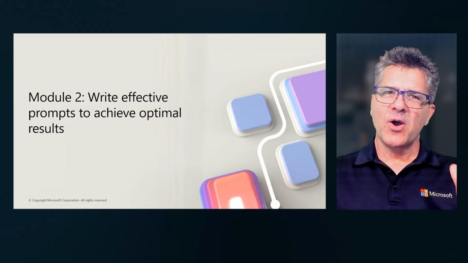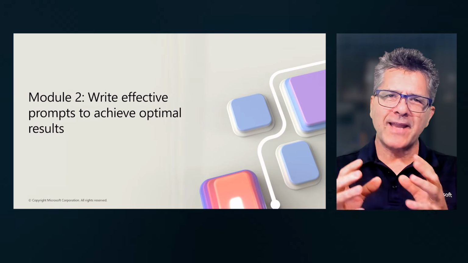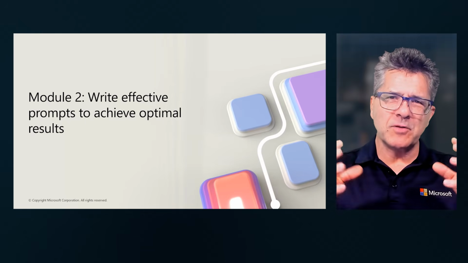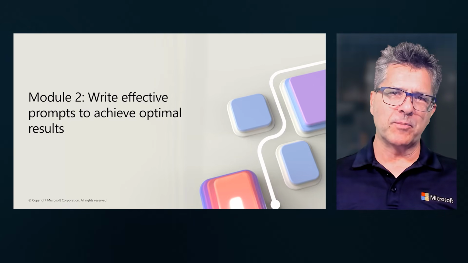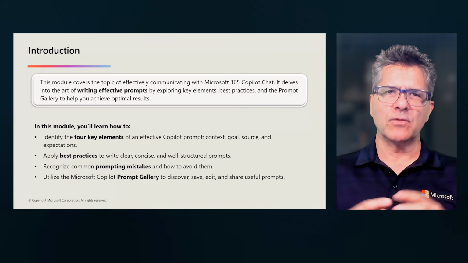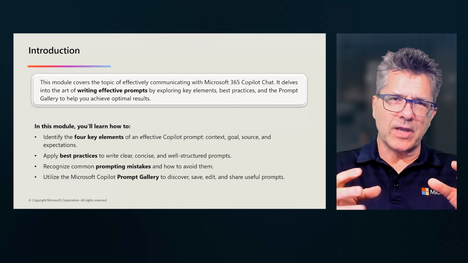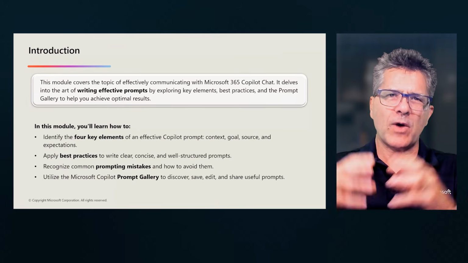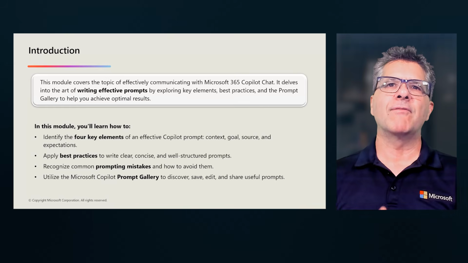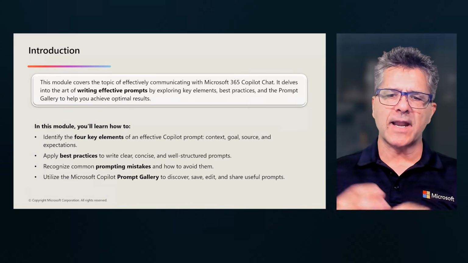In this module, we are going to discuss writing effective prompts. And this is to really help us optimize the results from our prompting. We know the prompt is the way that we get to interact with Copilot. So here we are going to look at the elements, what makes for a great prompt. So when I'm talking about writing more effective prompts, there are ways that I can do that.